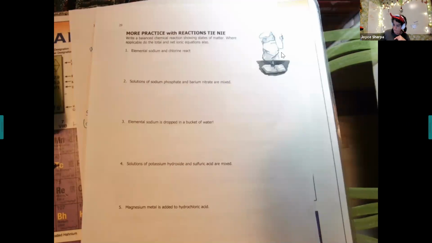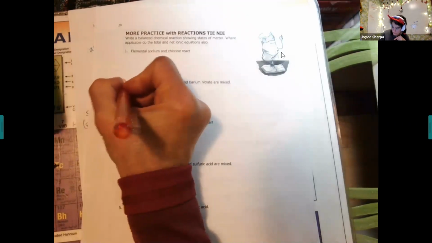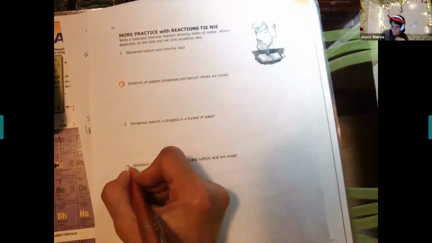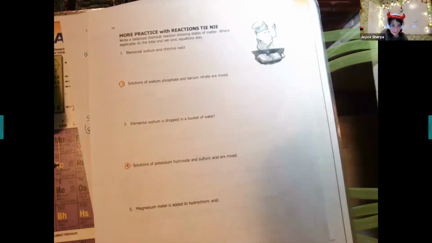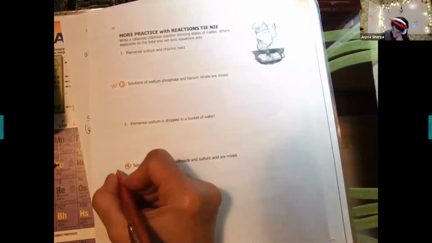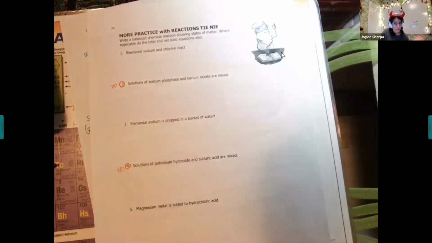So question 2 is going to have a net ionic. And question 4, my answer is not perfect. We're going to actually do it with another one. But 2 and 4 are the double displacements. I can see that, you would hope, from reading it. But go ahead and try something or take a 5-minute break. I'm going to pause.